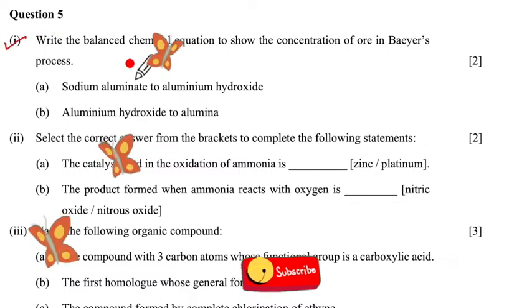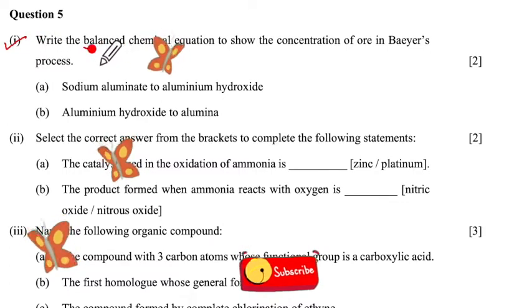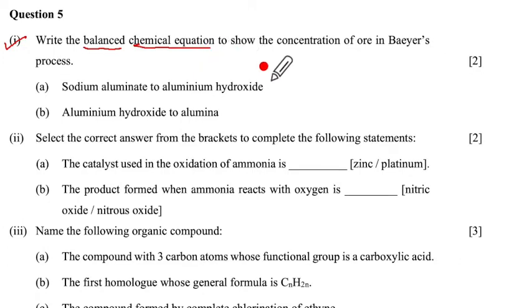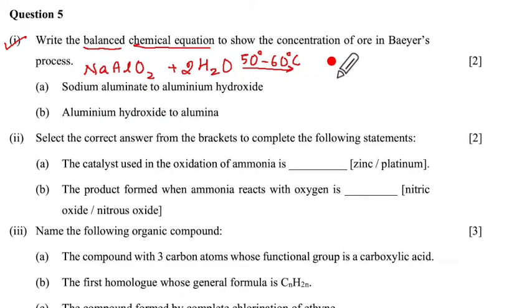Question number 5. The first subpart, write balanced chemical equation to show the concentration of ore in Bayer's process. A. Sodium aluminate to aluminium hydroxide. Sodium aluminate is NaAlO2 plus we will take 2H2O, and the temperature is 50 to 60 degrees C, and we will get Al(OH)3 plus we will get back that NaOH.